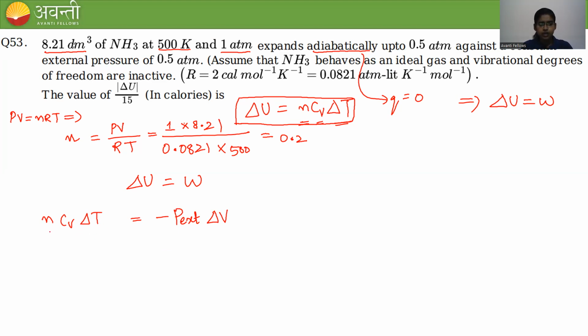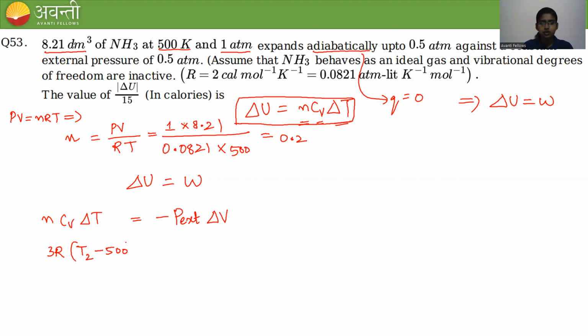The n value is 0.2 and the Cv is 3R. Cv value is 3R for NH3, since NH3 is a polyatomic gas, the Cv value is 6/2 R, so it will be 3R. And the change in temperature is T2 minus T1.